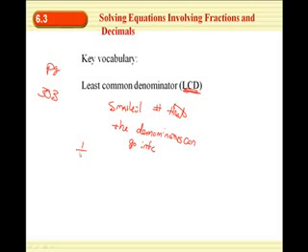So for example, 1/4 plus 2/6. You can't add those because there's not common denominators. So what would be the smallest number that 4 and 6 could both go into? You would have to rename both of them with 12 as the denominator. That's the least common denominator.